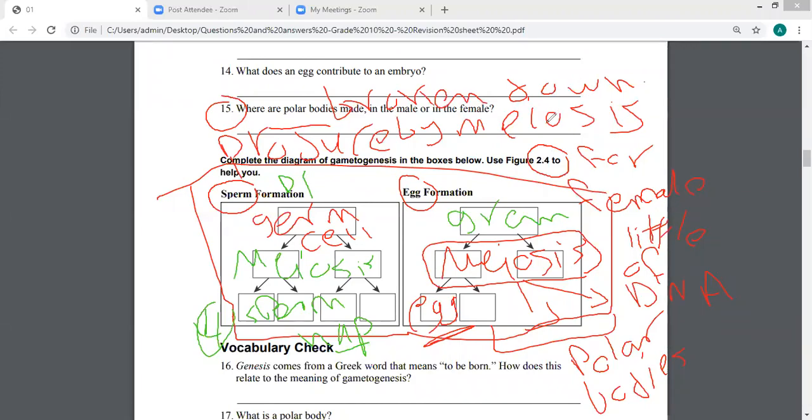Okay, the polar bodies are produced from the meiosis division of the female germ cell in the ovary, contain little DNA, and are all the time broken down.